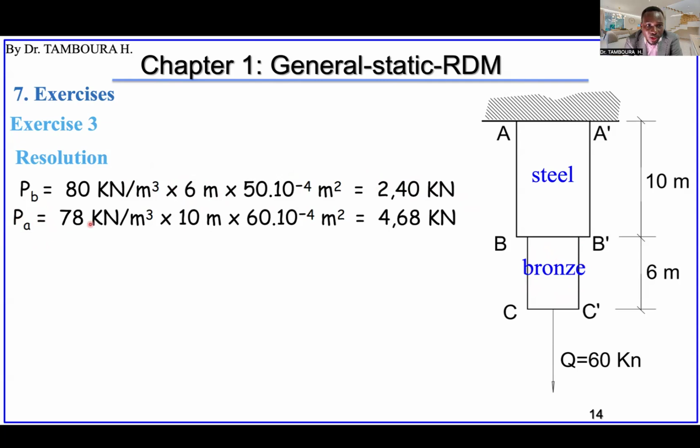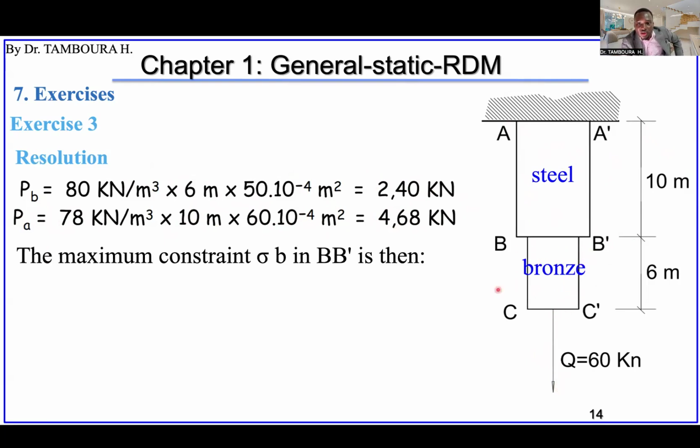For the steel part, it's the same, the unit weight multiplied by the volume. This is the length and the section, and we obtain 4.68 kilonewton as the total weight of this. So this bronze bar will be subjected to this force and its own weight.